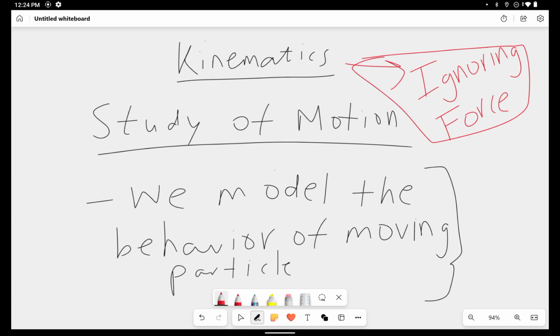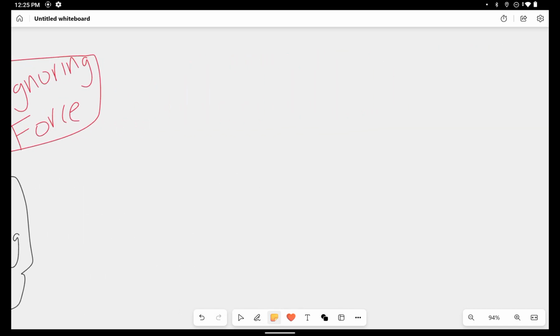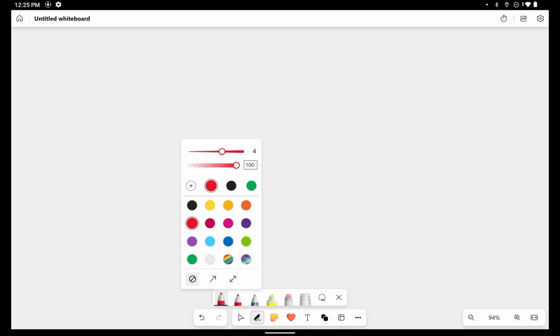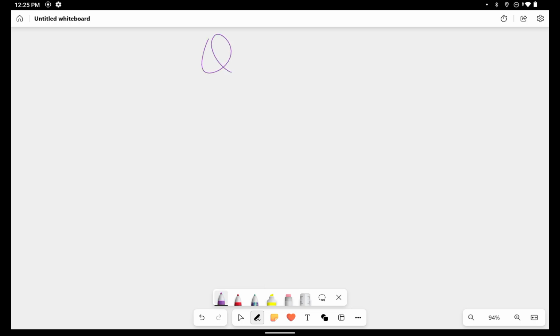So now, we first have to distinguish between the types of quantities. We generally have two types of quantities. We can branch them into two.